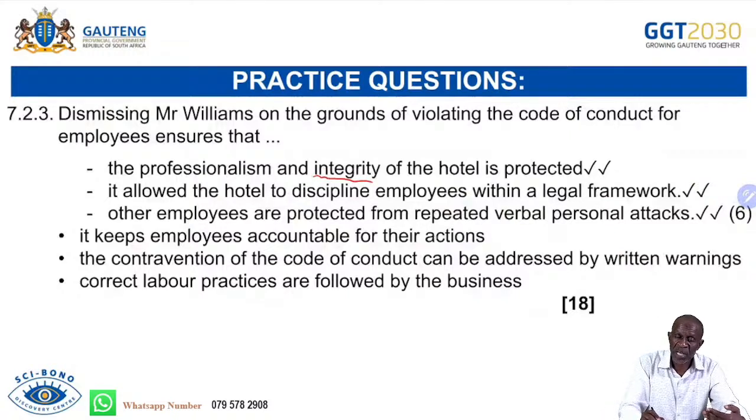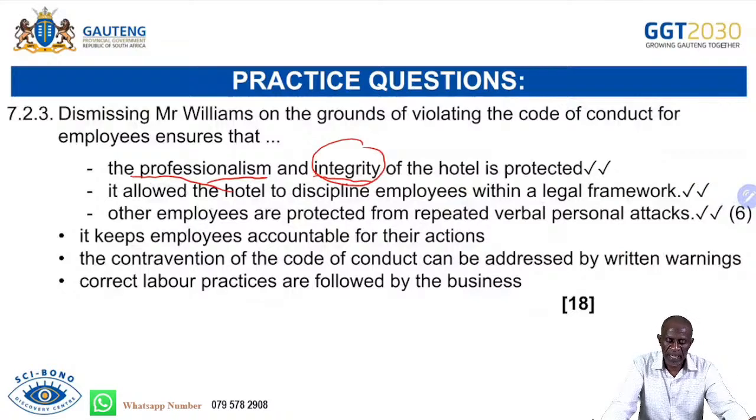They wanted to protect the professionalism that is shown by the hotel. So they have to cut off Mr. William so that they protect their image, their integrity, and cover for the professionalism that exists in the hotel.